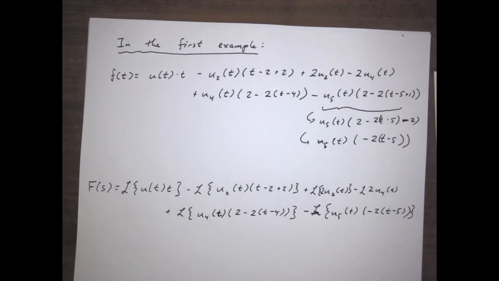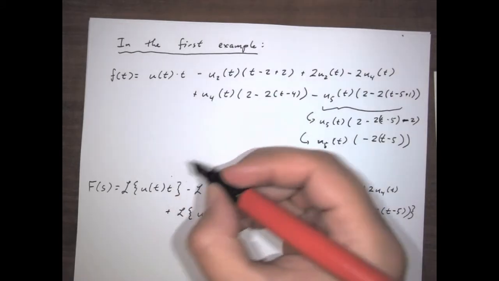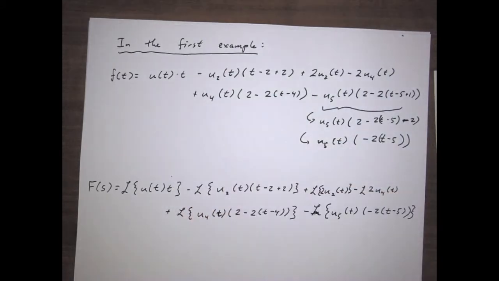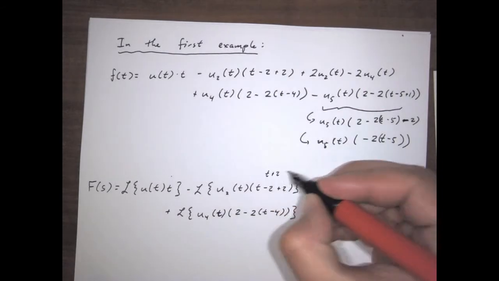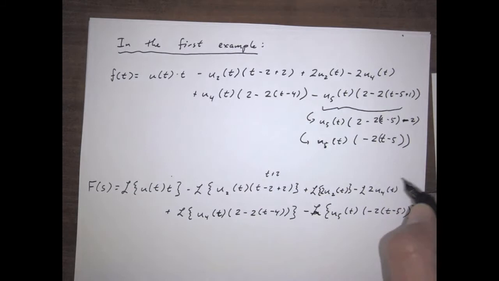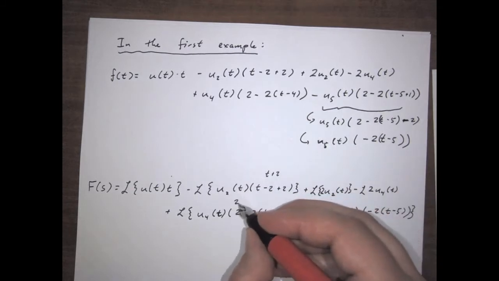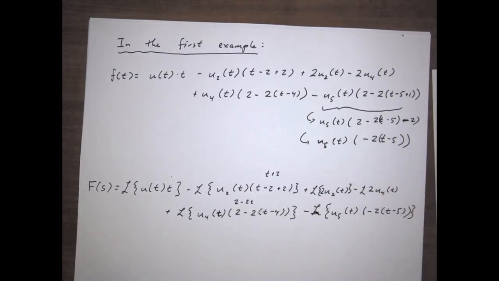And then here, the shifted functions that we're talking about are t shifted by 0, t plus 2, 2 minus 2t, and then minus 2t.